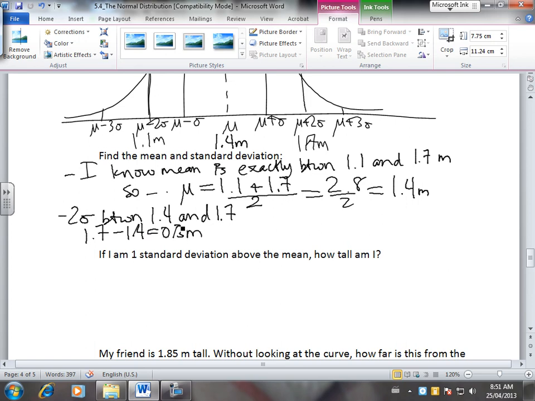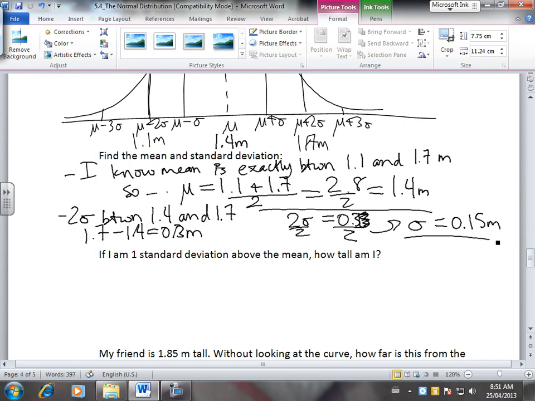So that means 2 sigmas equal 0.3. To get sigma by itself, I divide both sides by 2, and I end up with sigma equals 0.15 meters. So my standard deviation is 0.15, and my mean is 1.4.